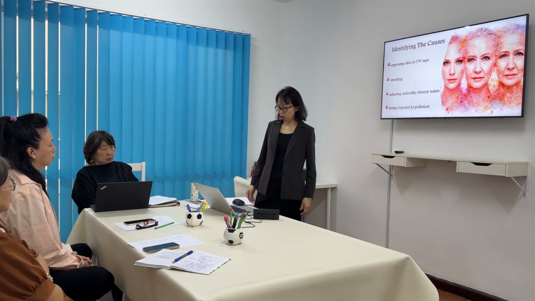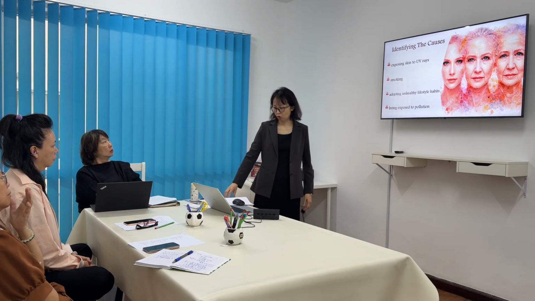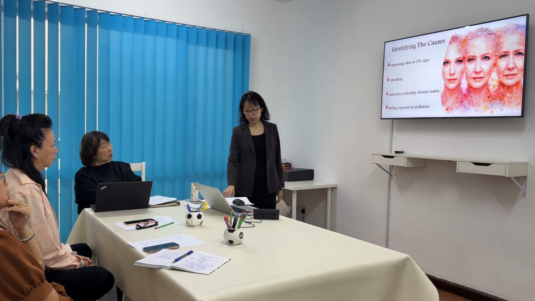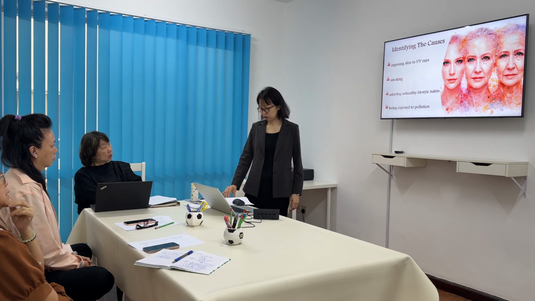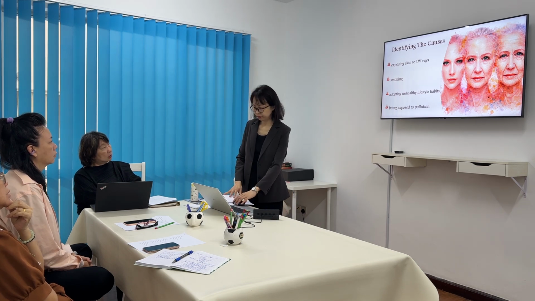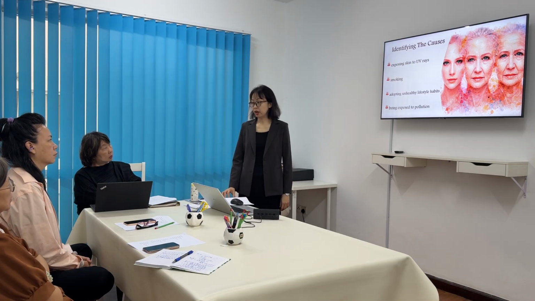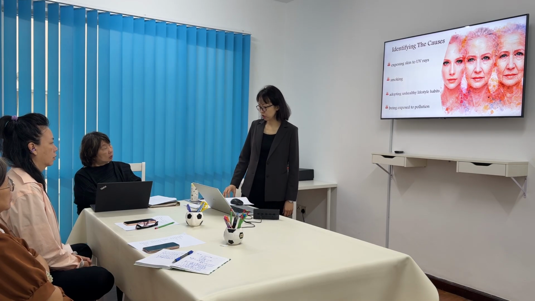That's why we call it cumulative aging. Lighter skin tones have less UV protection and can show more photoaging. So the best prevention strategy is daily sunscreen, not occasional sunscreen.